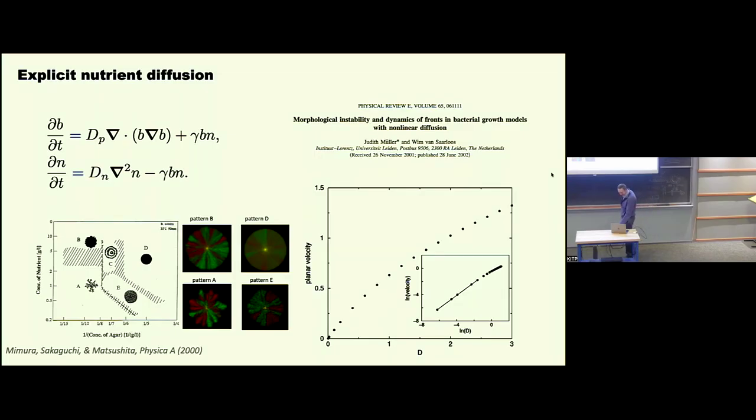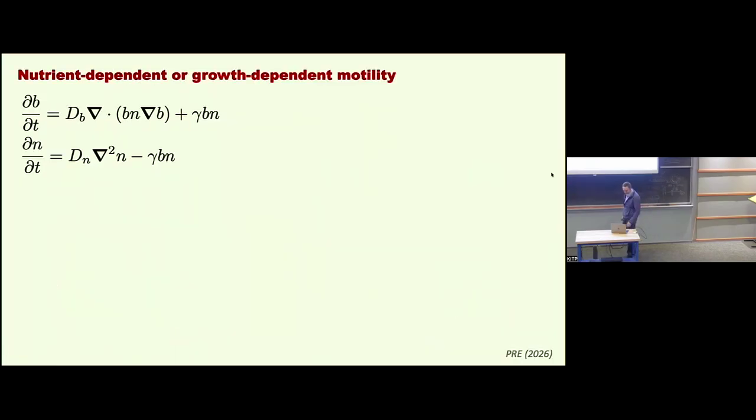And so we have to make a very simple change. What we're going to do is introduce the nutrient concentration over here, where the nonlinear motility goes. So you can call this model a nutrient-dependent motility. That's mathematically accurate because in the motility we have the nutrient. But I would say the proper way to think about it is a growth-dependent motility, because this term Bn is the same as the growth rate.